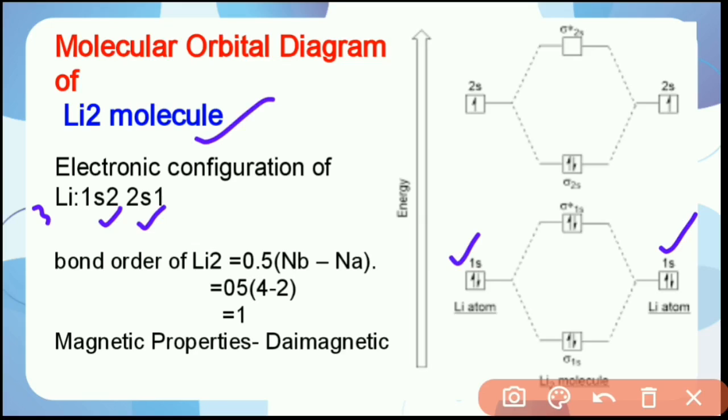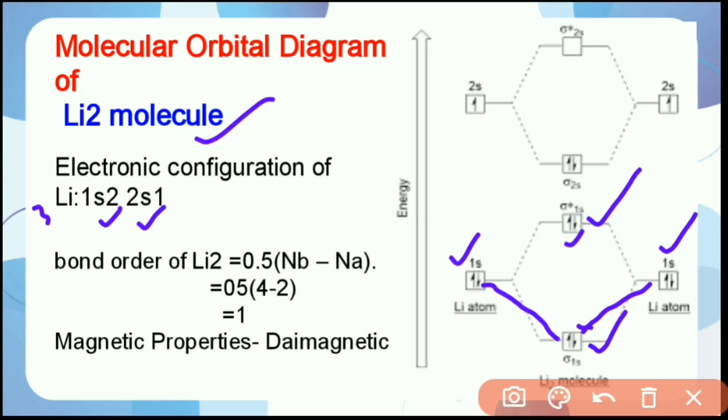By constructive interference a bonding orbital forms, with one electron pair from one lithium atom and another from the other lithium atom. Similarly, an anti-bonding molecular orbital forms by destructive interference, and similarly 2 electrons are present.